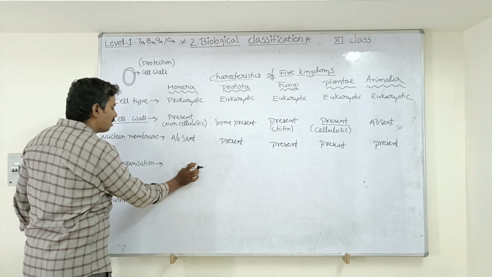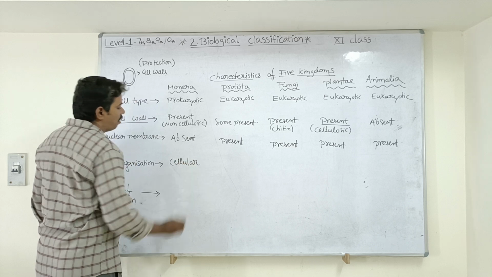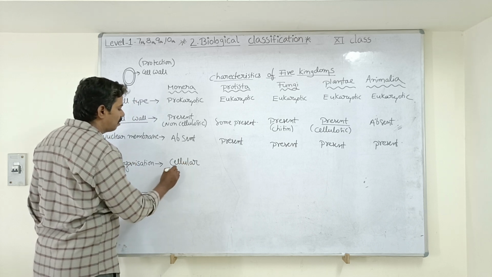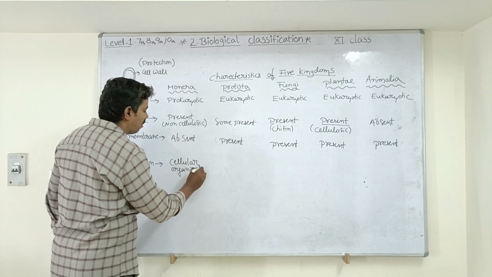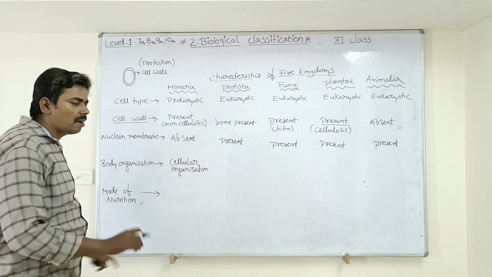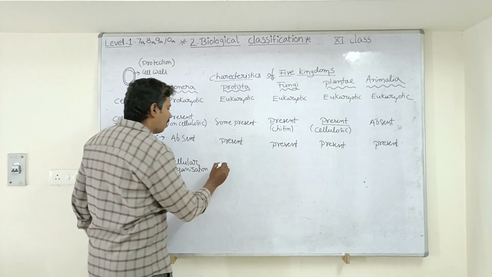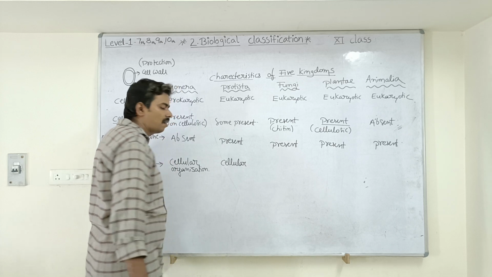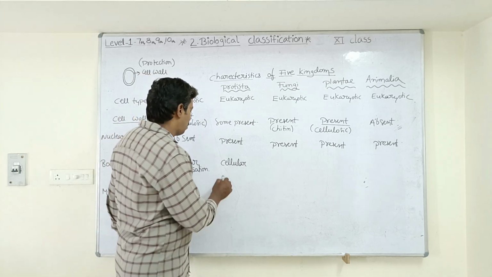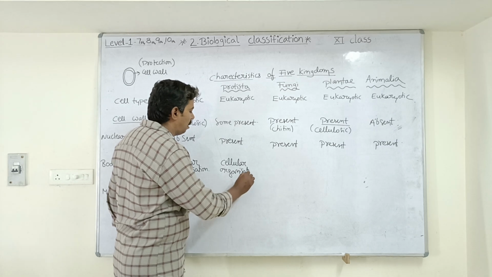So cellular level organization is seen. That means the body is made up of cells. Protista also shows cellular organization. The body is made up of cells.